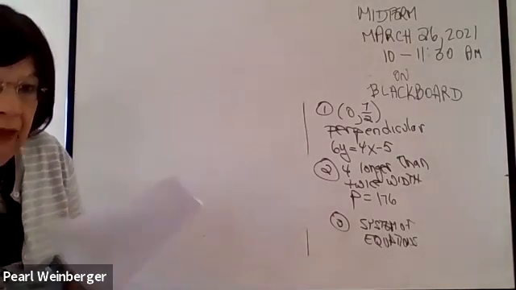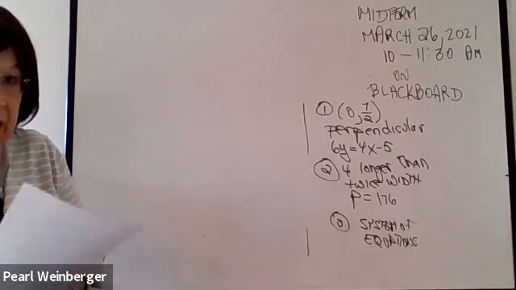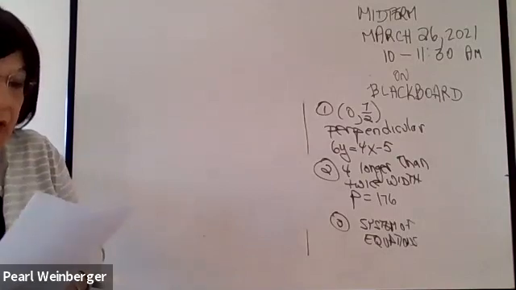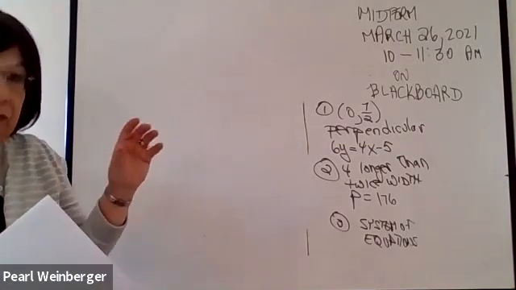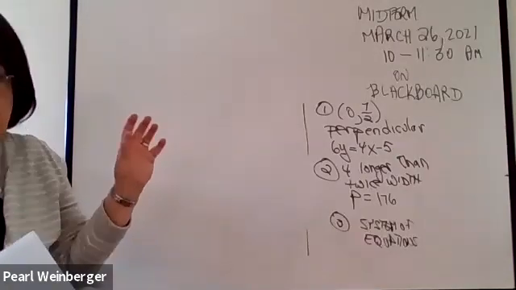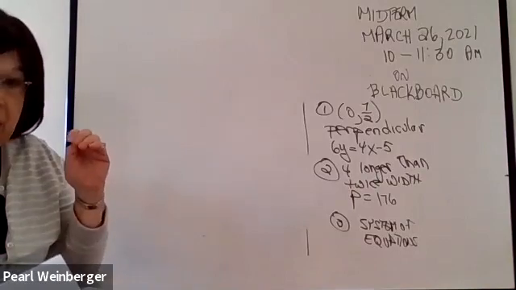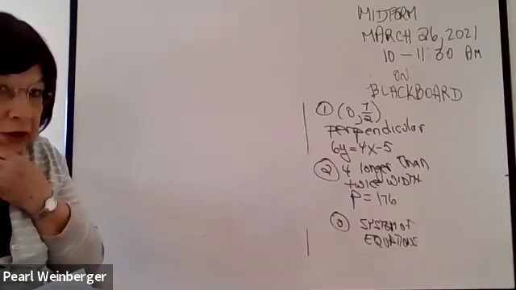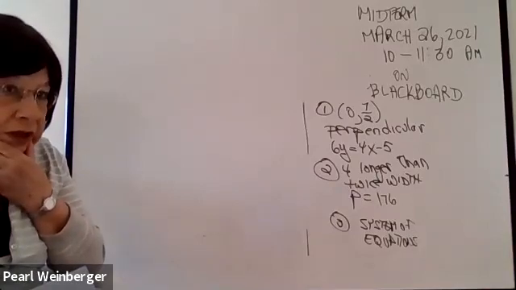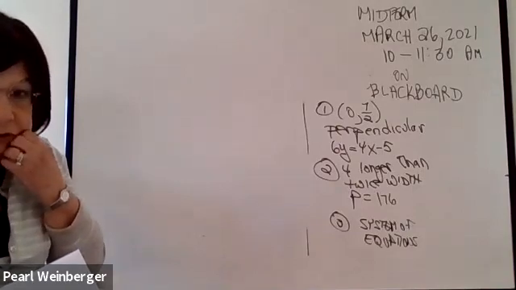Just as a matter of interest, if you want to see the whole mathematics department review set of questions for the midterm, I posted it on Blackboard, I think, in information. I posted the questions, and I also posted all the answers.